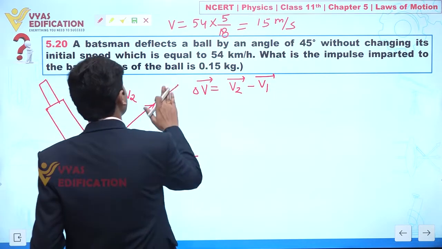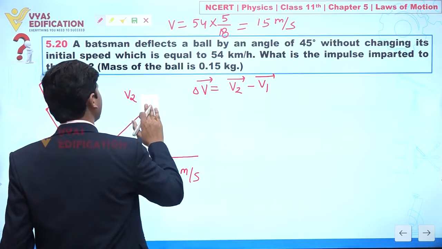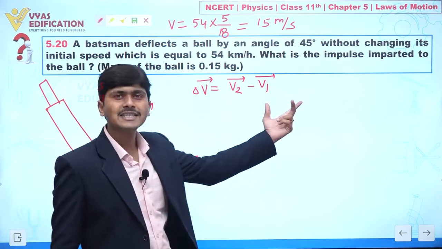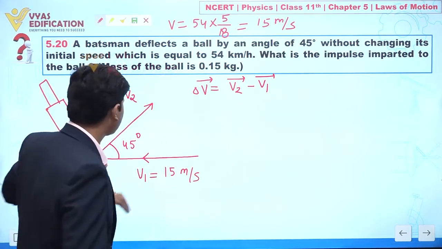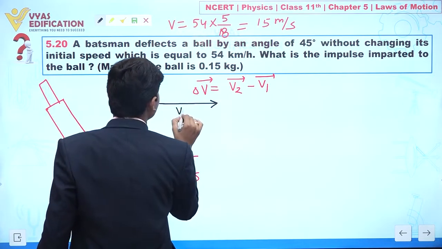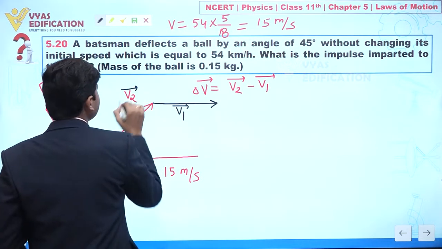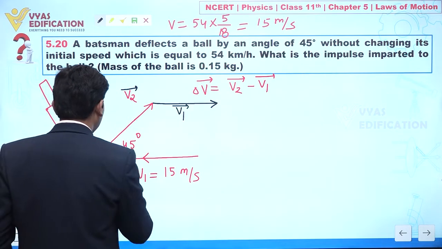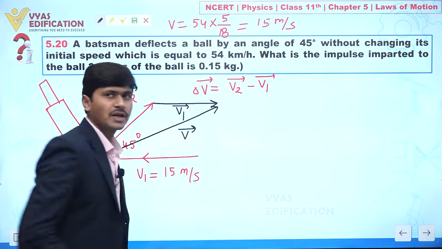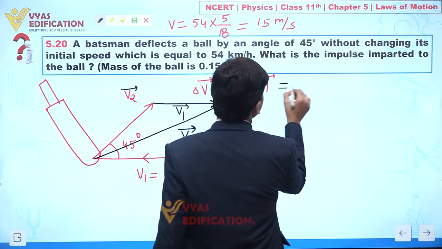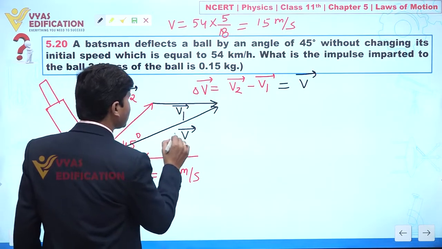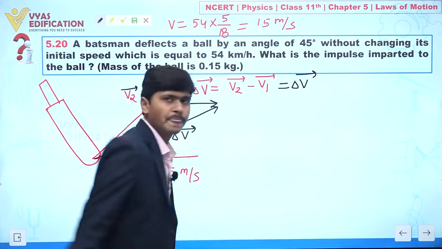This is V2, and I am writing here minus V1, because this is the change in velocity. The resultant vector is the change in velocity, delta V.